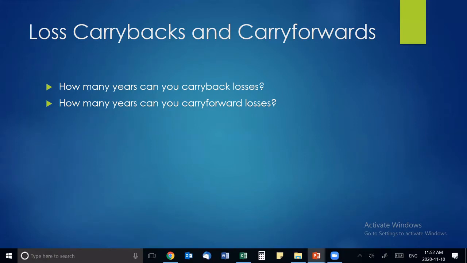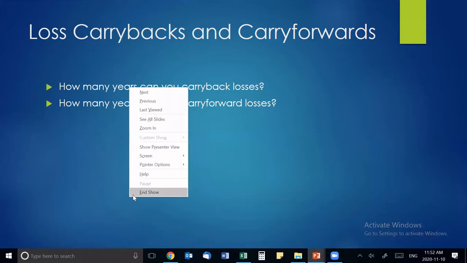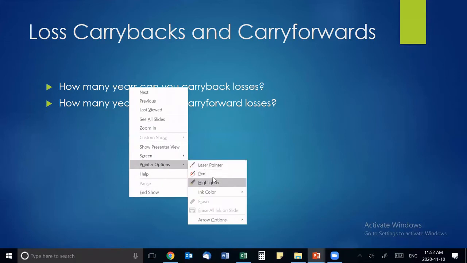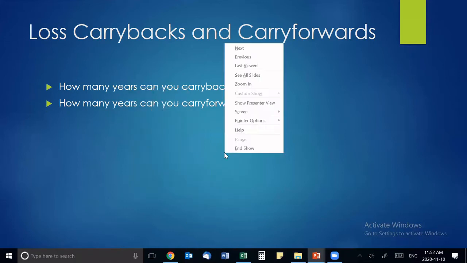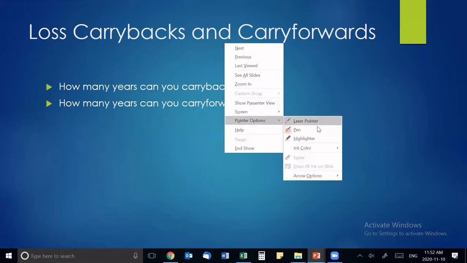For those of you who've done a tax course, you probably know how many years you can carry back a loss. You can carry a loss back 3 years.